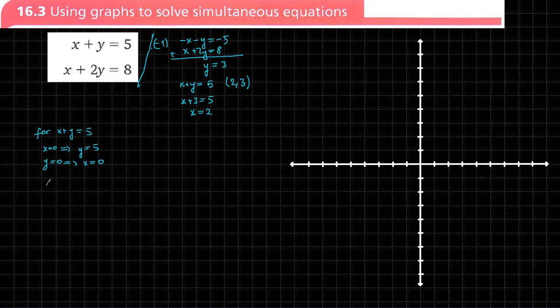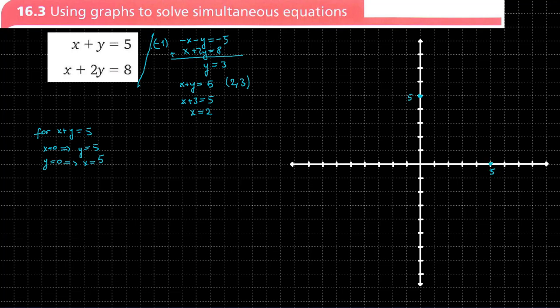Okay, so if x is equal to 0, y is equal to 5. If y is equal to 0, x is equal to 5. I'm sorry, I made a mistake. Here, let me place this point: y is equal to 5, the first one, and this is the x is equal to 5 point.